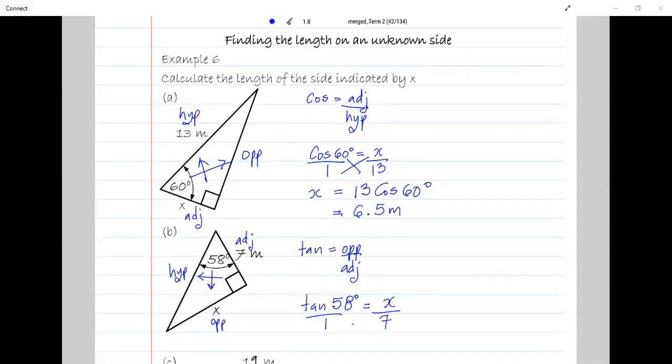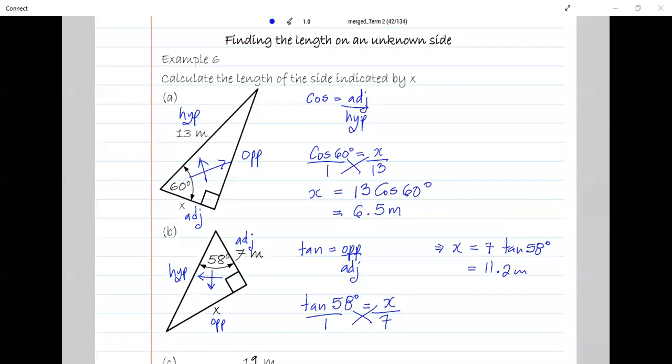So 1 times x is equal to 7 times the tangent of 58. Then I'm going to put that exactly the way you are seeing it in the calculator, 7, and then tan 58. Then I'm going to press equal, and the answer is 11.2 meters. And this is to 3 significant figures.